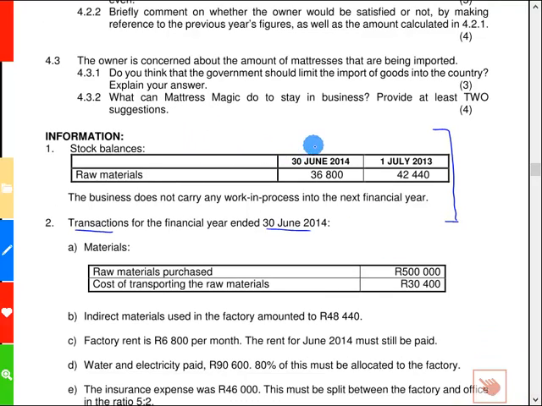Stock balances. Raw materials, opening stock. Which one of these figures is opening stock and which one is closing stock? Yes, 1st of July 2013 is our opening stock, and 30 June 2014 will be our closing stock, because that is the last day of the financial year.